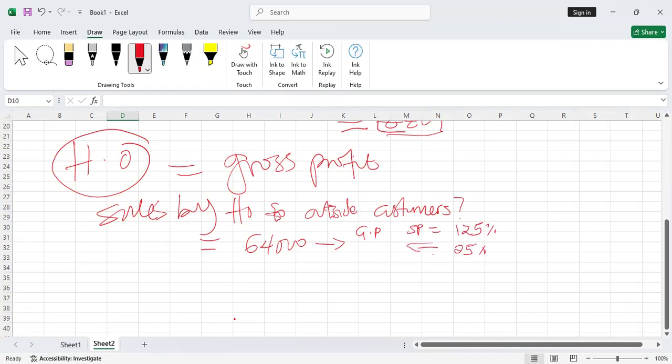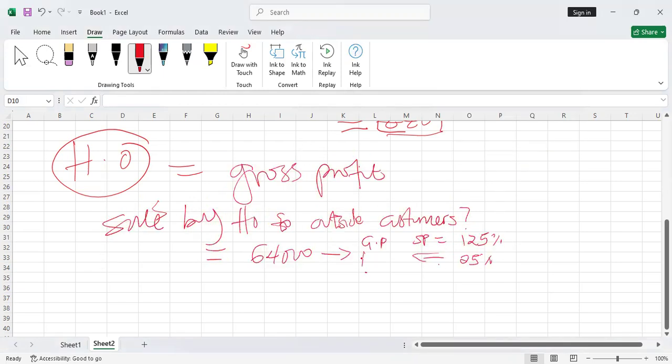What was the profit on the sale of these goods? 12,800. What are you getting? 12,800.